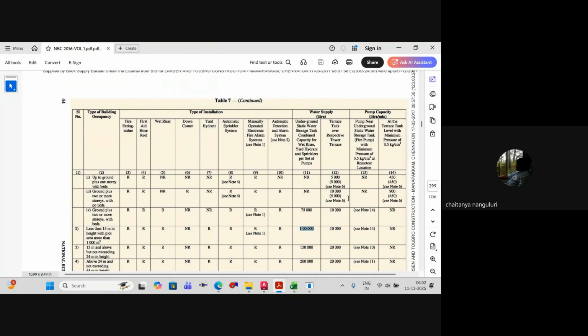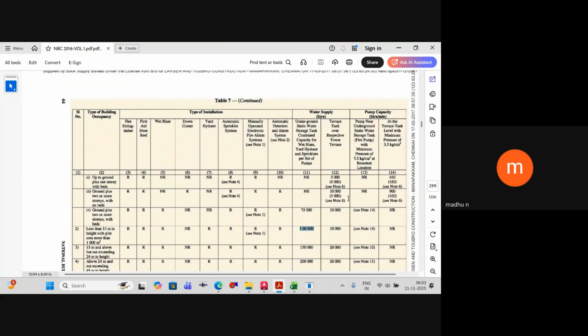Either you'll have your UG tank or your overhead tank. That's all as per NFPA. But the only thing is your tank capacities are a bit huge in NFPA.